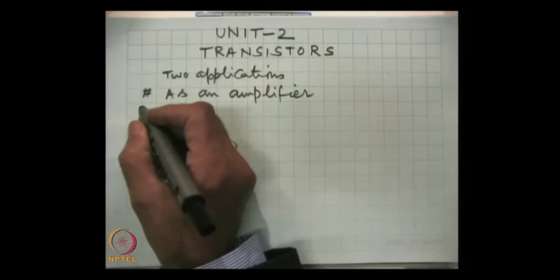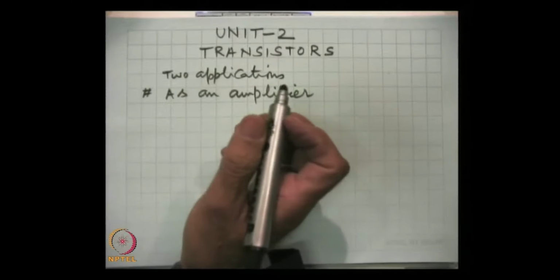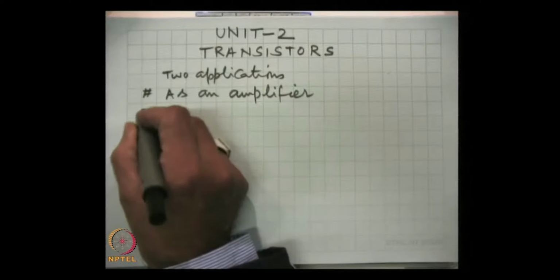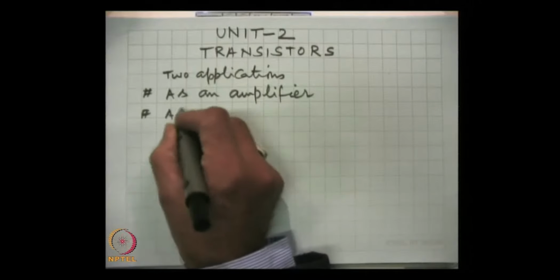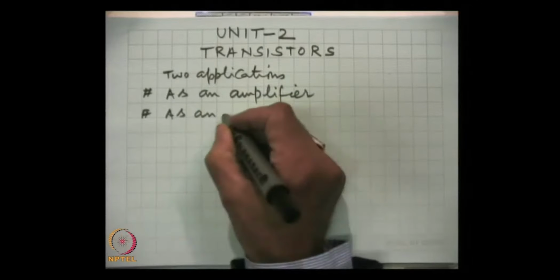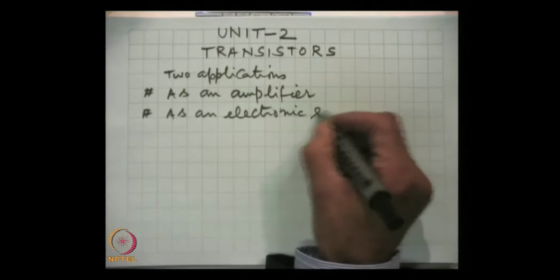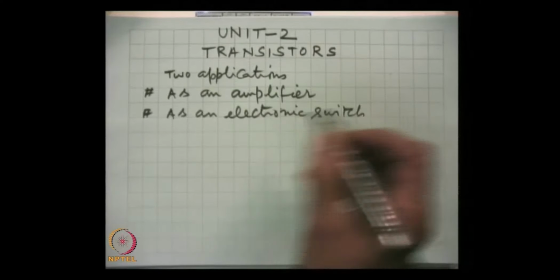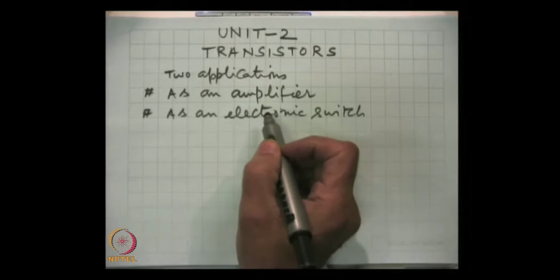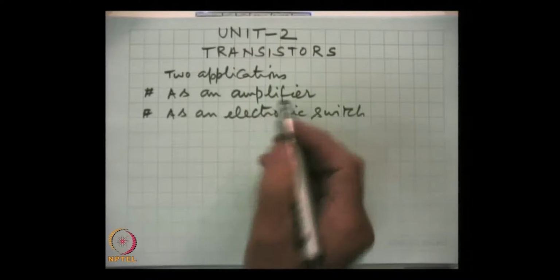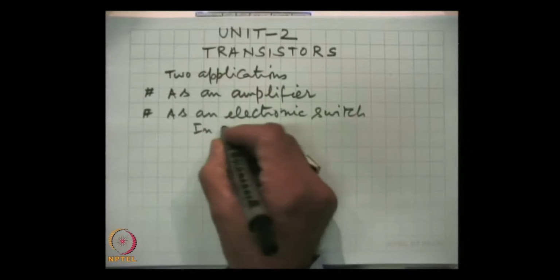And the second major use for transistors is as an electronic switch. As a switch, basically a transistor is used in digital electronics.